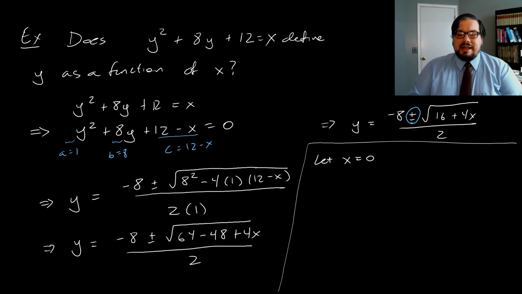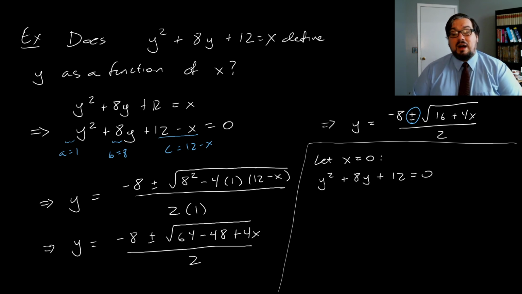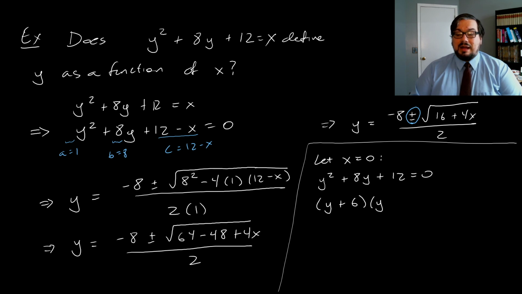So let's let x be 0. If we do that, then the y value that will go with this x value will be the y value that satisfies the equation y squared plus 8y plus 12 is 0. But we can factor this. This factors as y plus 6 times y plus 2 equals 0, which means that y equals negative 6 or y equals negative 2.